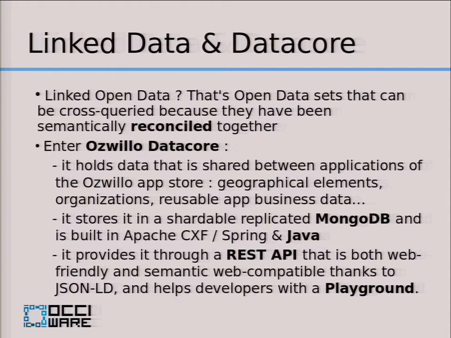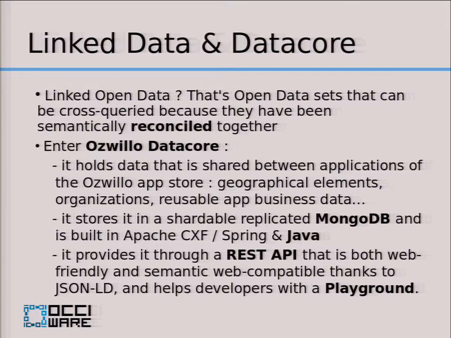Here enter OCCIware data core. OCCIware data core is a linked data store that holds data that is shared between applications of the OCCIware App Store, such as geographical elements, organization, or any other kind of reusable business app data. It stores it all in a replicated MongoDB and is built on Java.